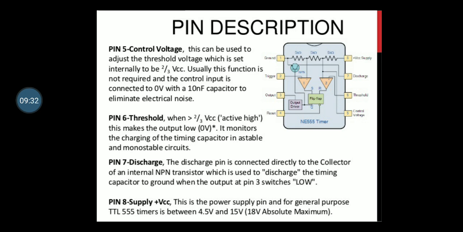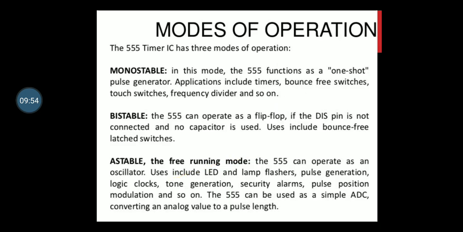Pin 7, discharge. The discharge pin is connected directly to the collector of an internal NPN transistor. Pin 8 is the supply voltage. This is the power supply pin, and for general purpose it is between 4.5 volt and 15 volt, 18 volt maximum.